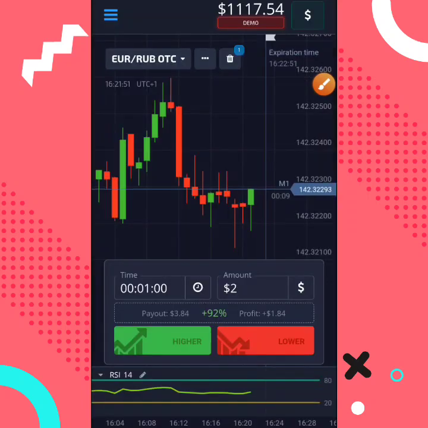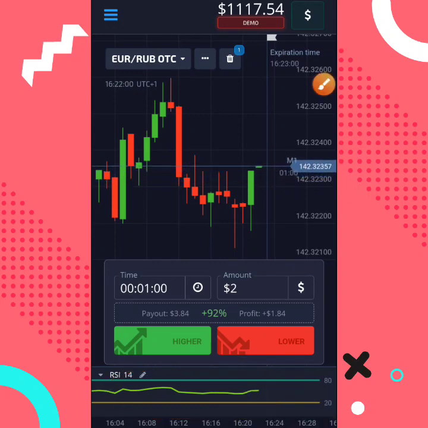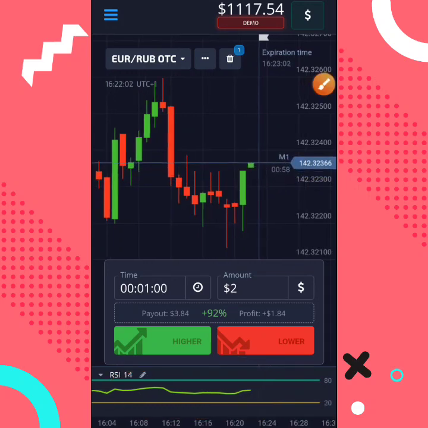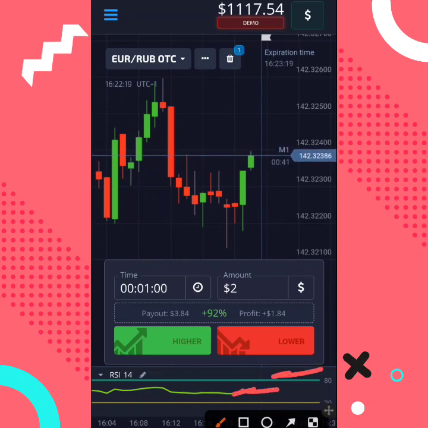Let's come back to our screen. You can see this is the RSI here, right here at the bottom. Now with the RSI, I can use it to read the market. According to the popular knowledge of the RSI as a relative strength index, it measures the momentum of the market. So it is assumed that when the RSI line, which is this, touches the upper band, it is assumed that the market is overbought, so it's about to reverse downward.